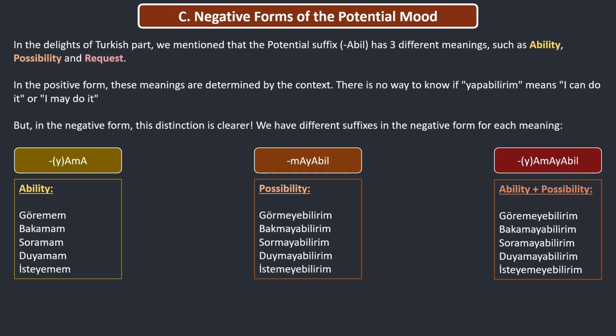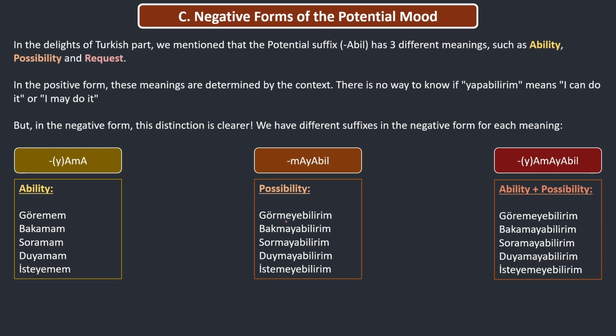I cannot ask. Soramam. I cannot hear. Duyamam. I cannot want. In Turkish, asking and wanting is just one verb, istemek. Sormak there's also, but it's a different sormak, like asking a question, but asking a favor is istemek. İsteyemem, I cannot ask a favor.